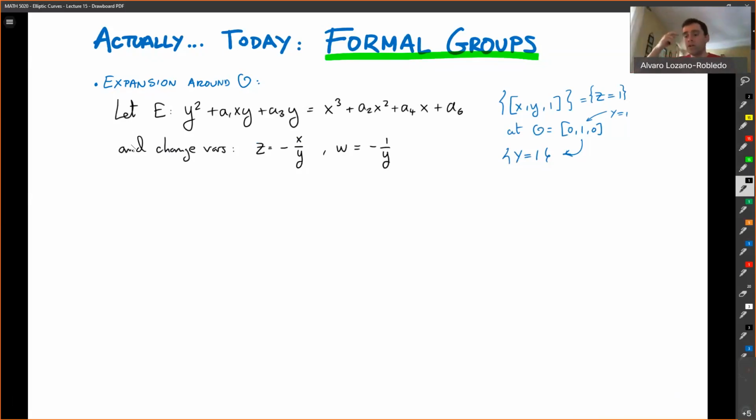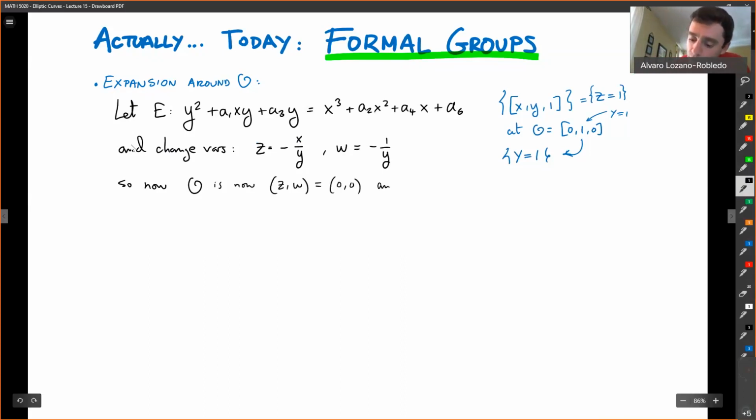Okay, so now O actually corresponds to the value in the ZW coordinates of 0, 0.